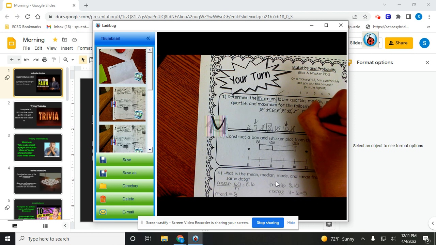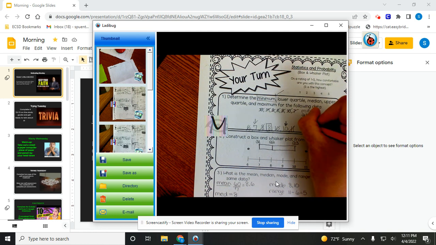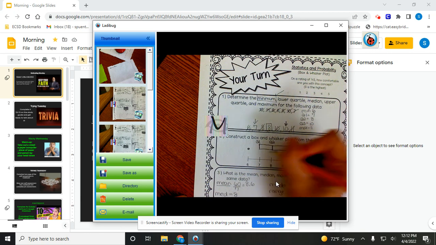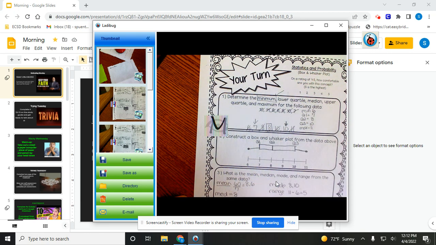Our Q2, or our median, is going to be an 8. Our Q3, or upper quartile, is going to be 10. And then our max is going to be 11. So to finish this off, we're just going to go ahead and make our whiskers right here. And that is actually how you do your box and whisker plot.